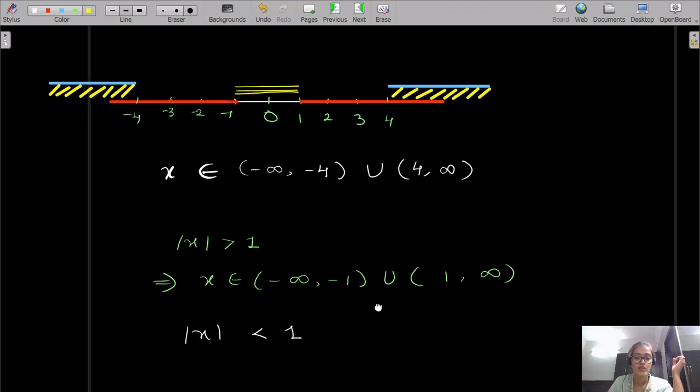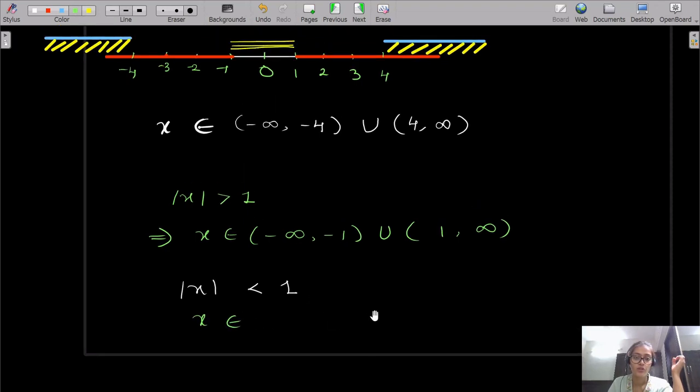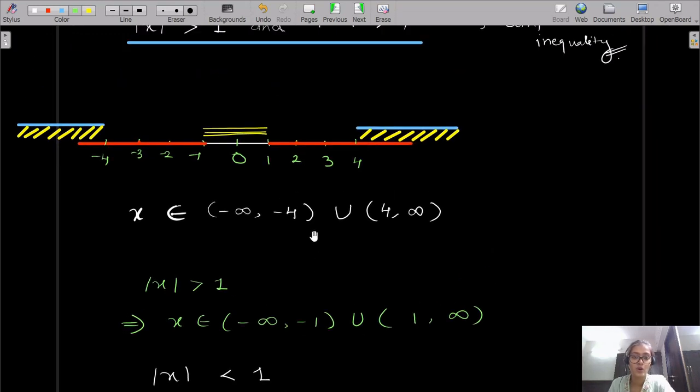So in this case, your solution set becomes x belongs to, what is the solution set? From negative 1 to 1. All the numbers which are between negative 1 and 1, the distance of those numbers from 0 is going to be less than 1.